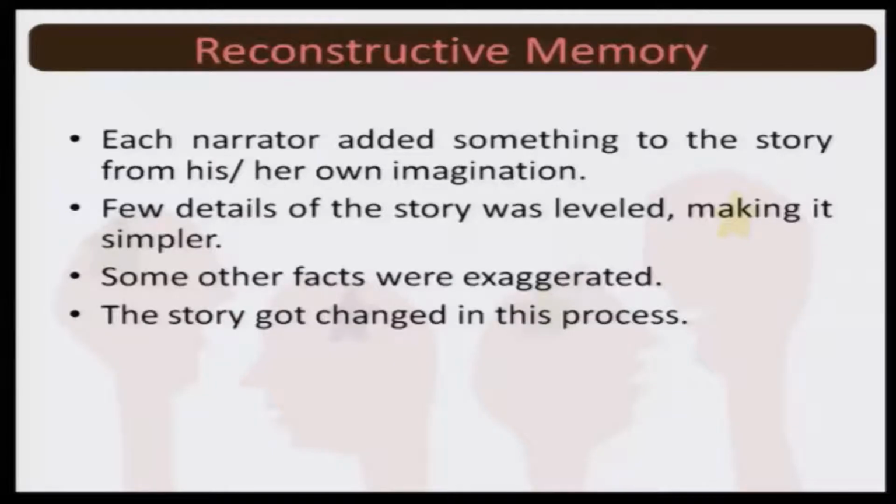Also interesting was that each narrator added something to the story based on his or her own imagination. Few details of the story were leveled, making it much simpler. Some other facts were exaggerated, and finally the story got changed in this entire process.